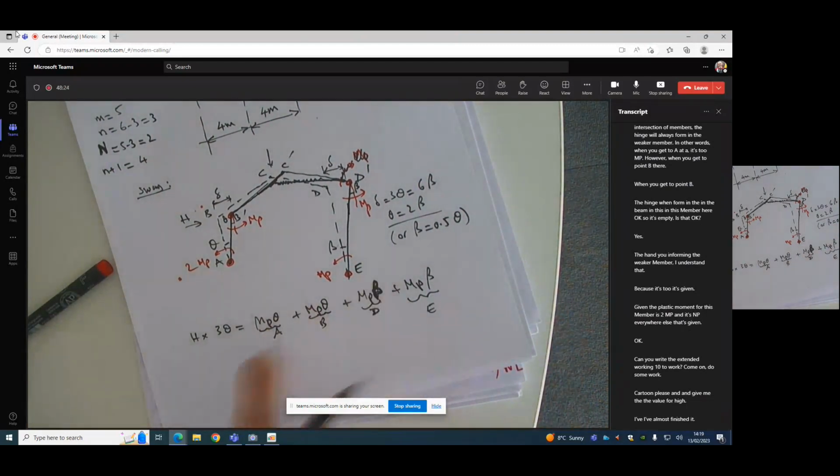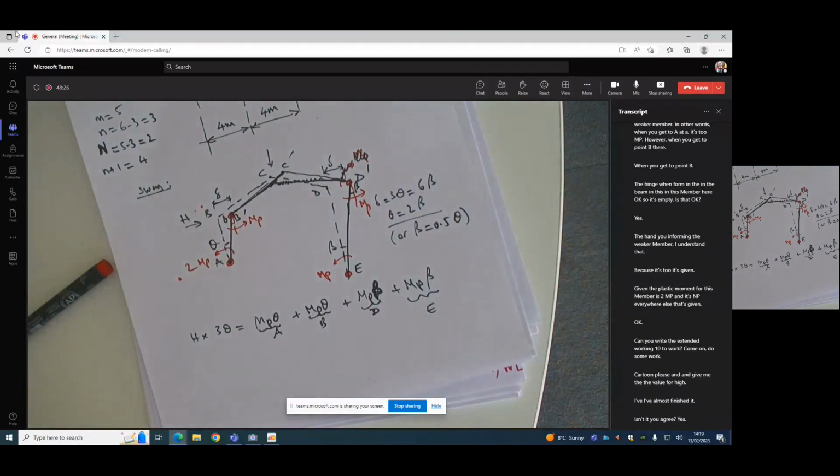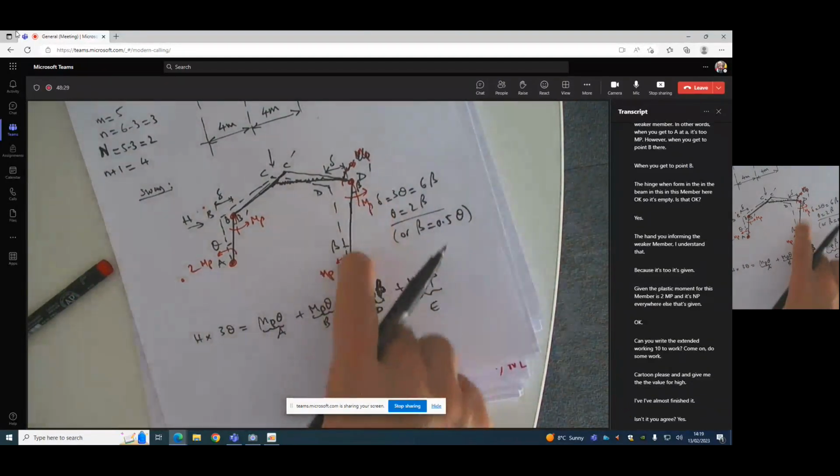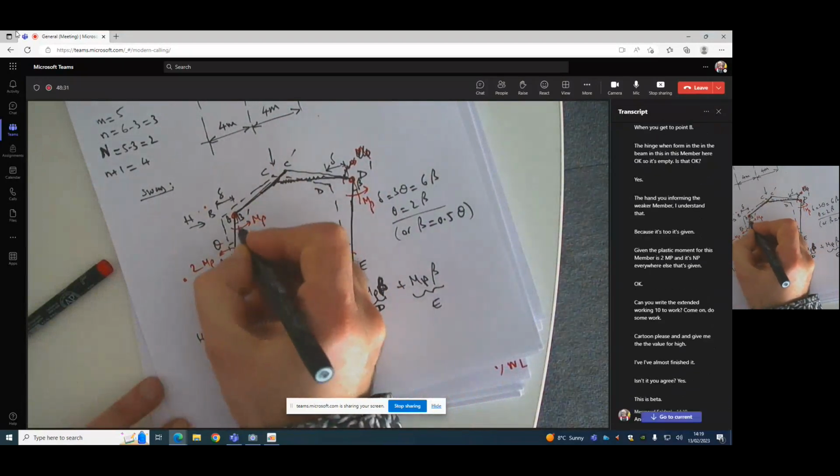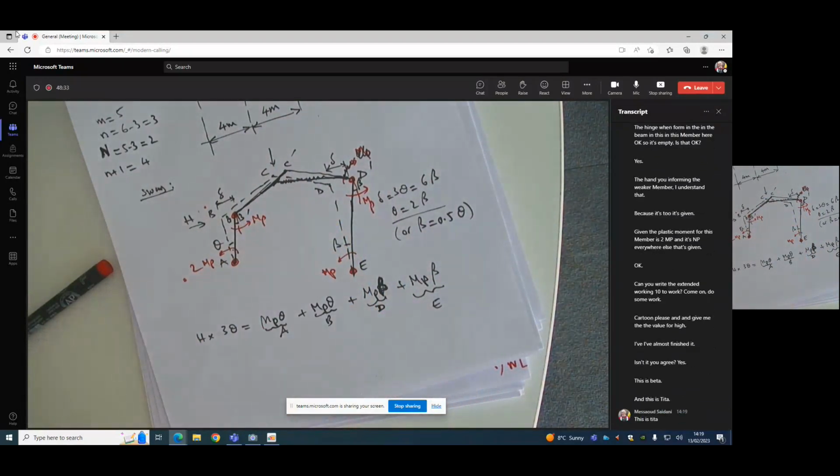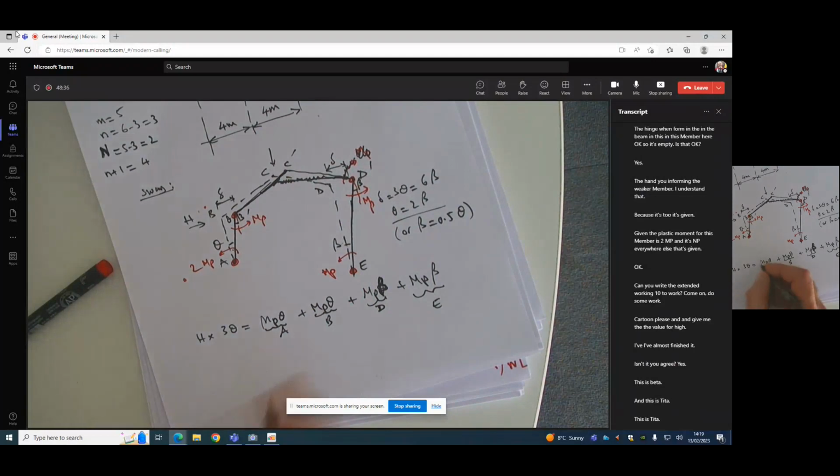Isn't it? You agree? Yes. This is beta, and this is theta. This is theta. Or 2 MP, of course.